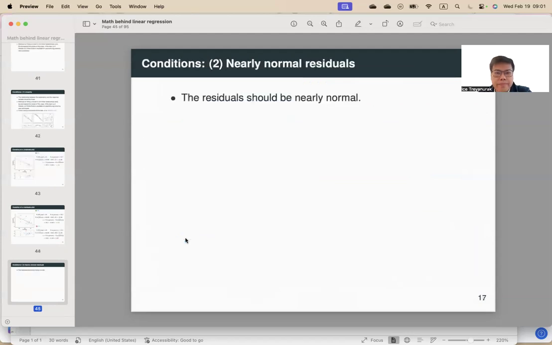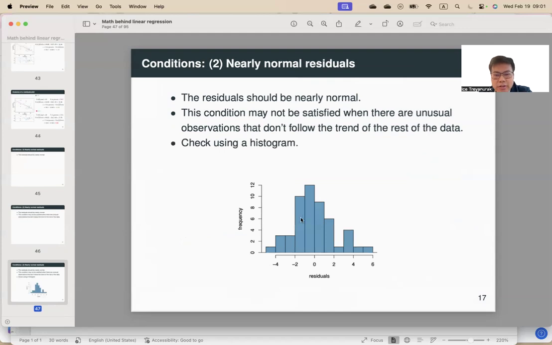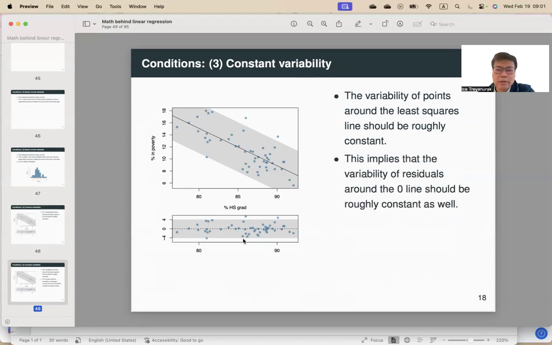Right. So we don't want any unusual observations that break the trend. Okay. So the way to do that is to check a histogram, and that could be helpful. We also want the differences between the points and the line to be roughly the same. Okay, so we talked about this before. This idea is called homoscedasticity.